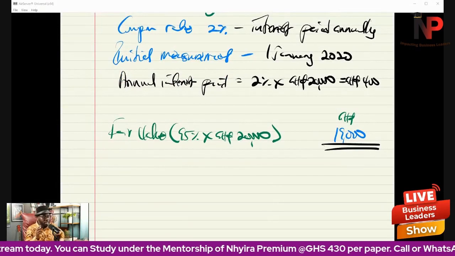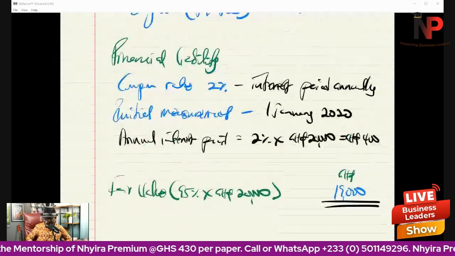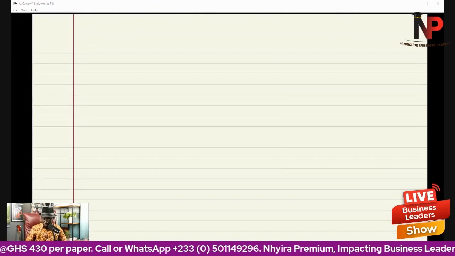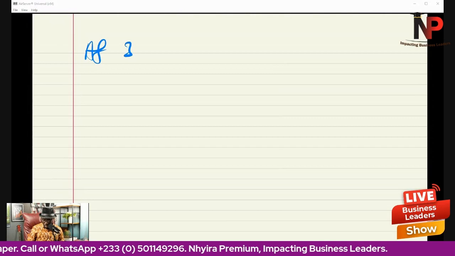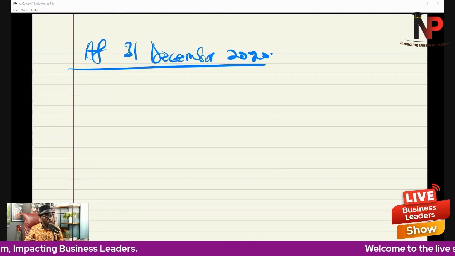So if this is the initial measurement, let's look at what is happening on the subsequent measurement, at the year ended 31st December 2020. Remember, it is carried at amortized cost.